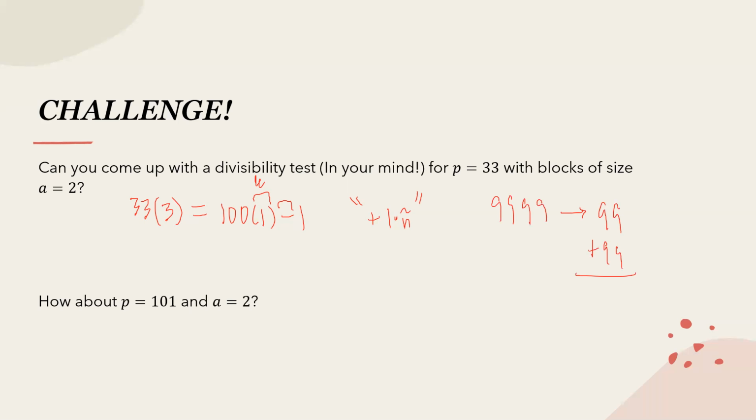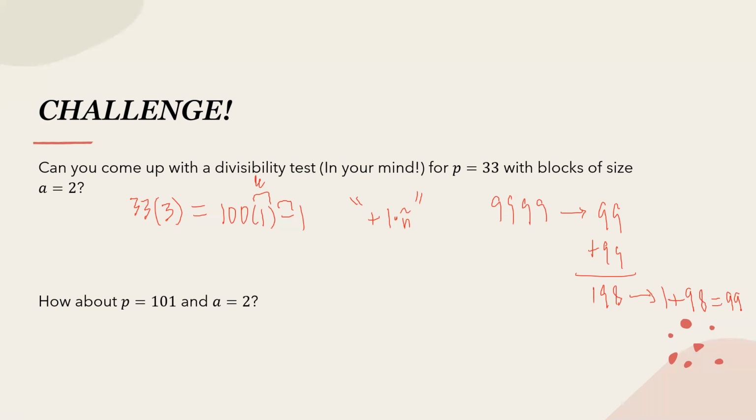What is that? 198. Okay. And what's interesting is you could even continue from this point: 1 plus 98. And what do you get? 99. And if you don't realize that's divisible by 33, 99 is definitely divisible by 33. So there you go.